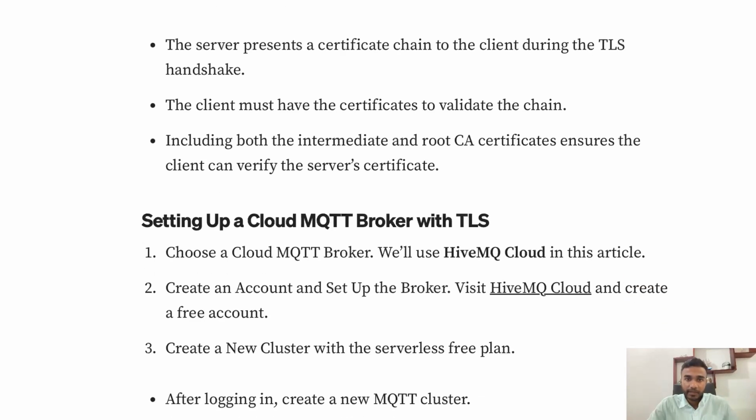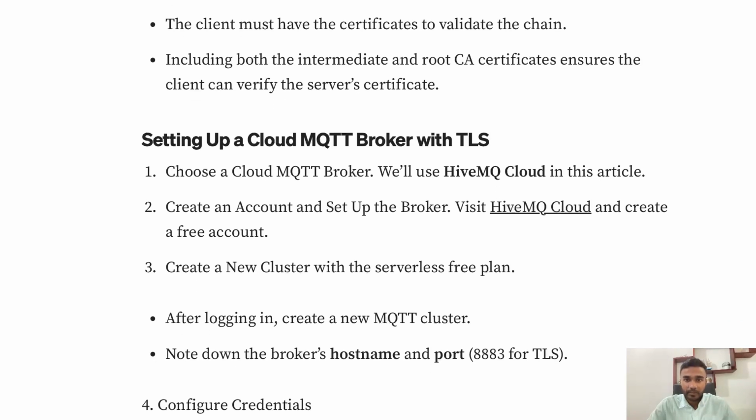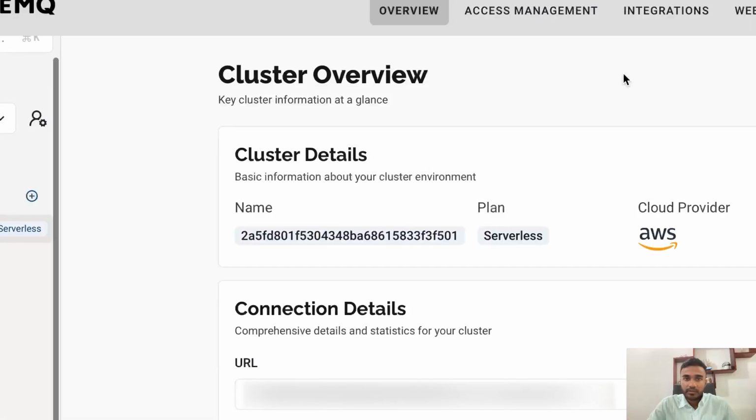First of all, you need to create the HiveMQ Cloud account. You can use the free version of it, which is a serverless free plan. You can make a new cluster and create the account. Let's see how it goes.